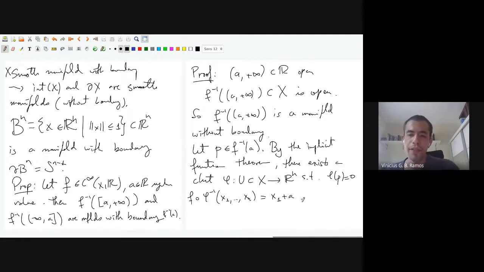So you're at A if and only if the first coordinate is 0. That's one of the incarnations of the implicit function theorem.